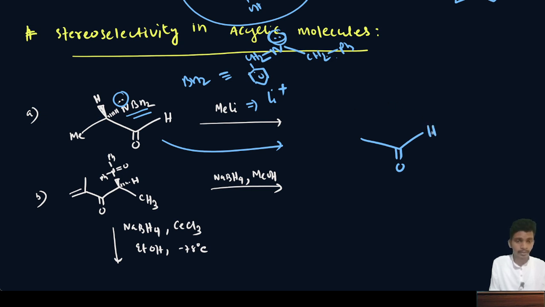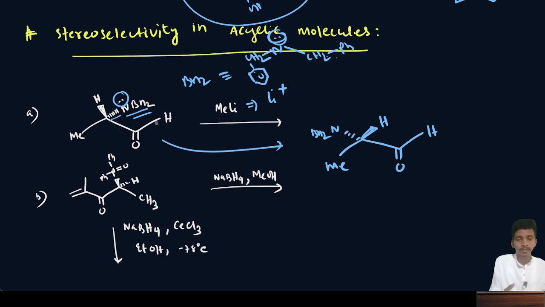Here we have H, here we have methyl, and this will always be at the back, because the back side will always be on the left and this will always be on the right. They want to make it confusing, that's why they write this on the right side, but this type of back group will always be on the left side.